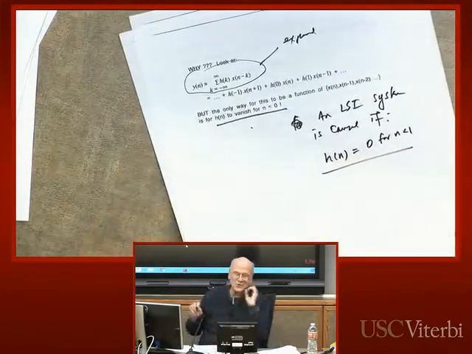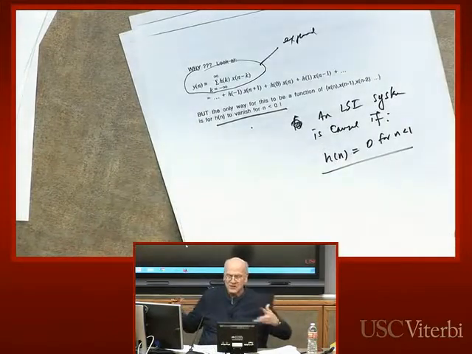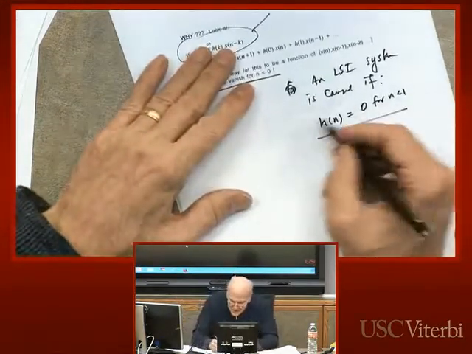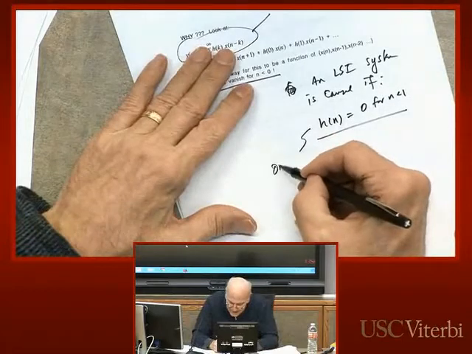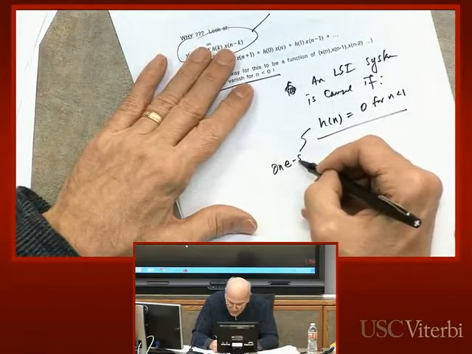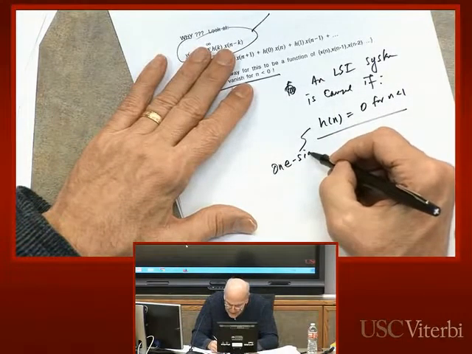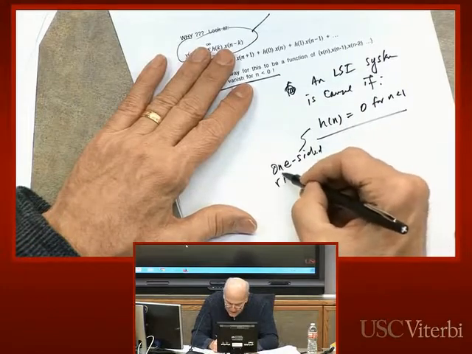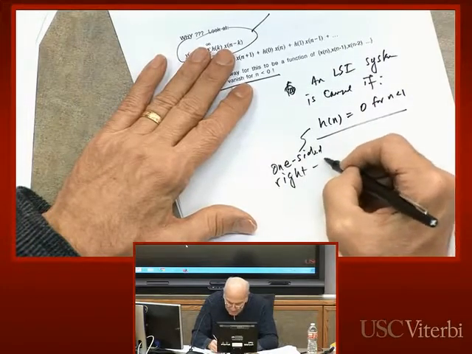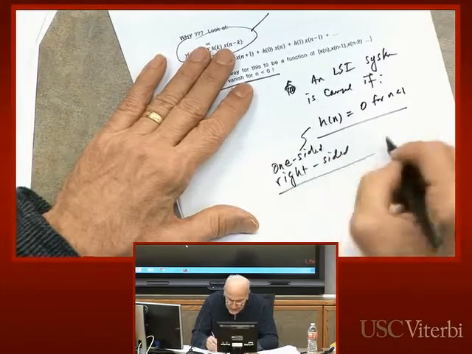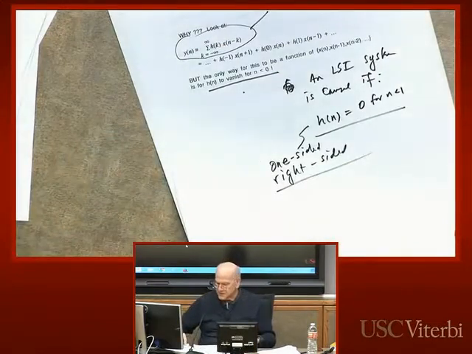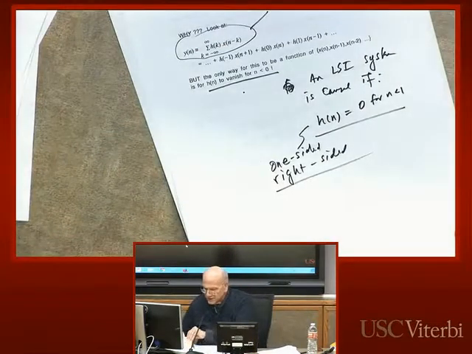So in other words, the impulse response of a causal linear shift invariant system is one-sided. In fact, I'll go further than that, it is right-sided, okay? So, again, linear shift invariant systems have a lot of really, really nice properties.